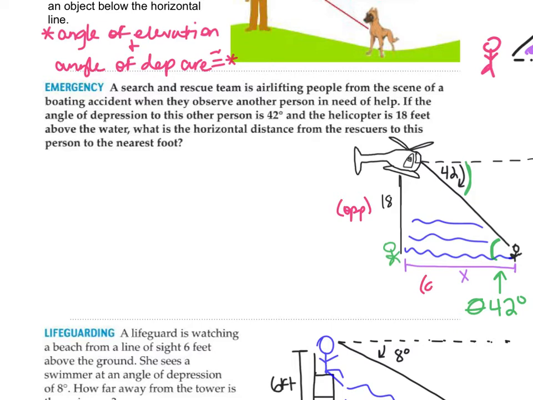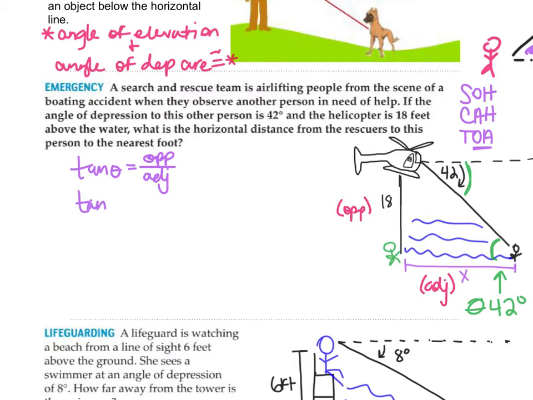and the adjacent. Whenever I have opposite and adjacent, I'm going to think of SOHCAHTOA. Opposite and adjacent fall under tangent. So we know that tangent of an angle is equal to the opposite over the adjacent. So I'm going to use this ratio to set up my equation.